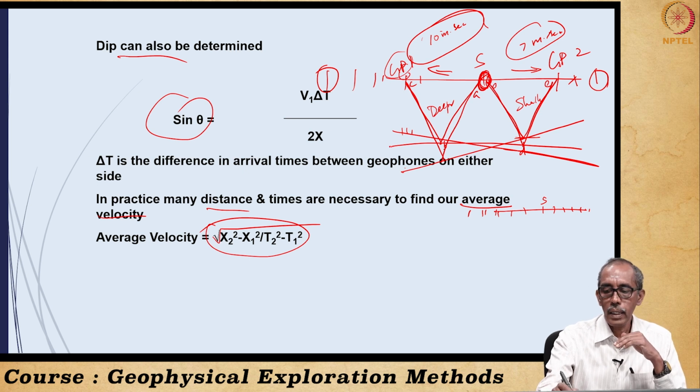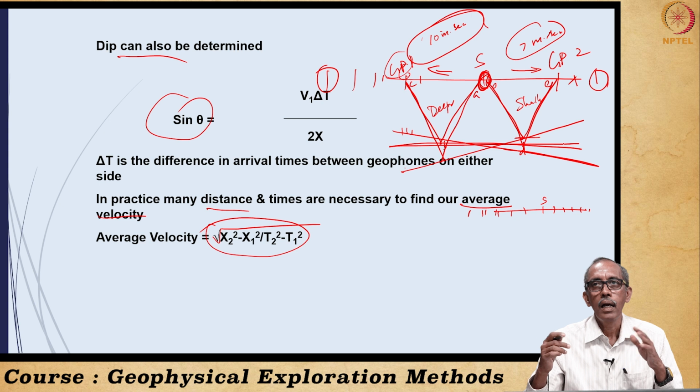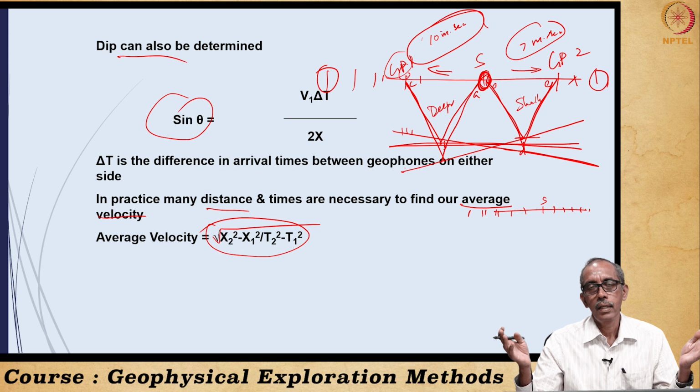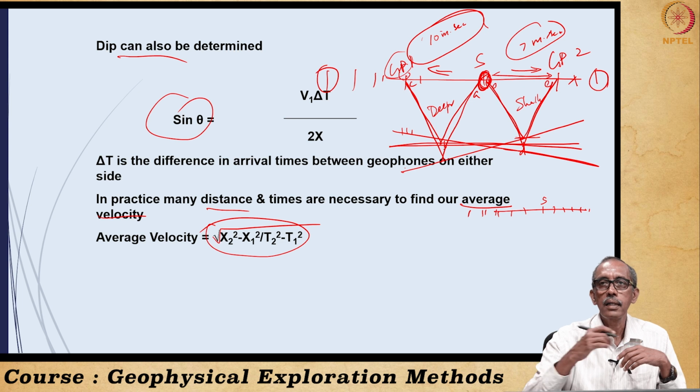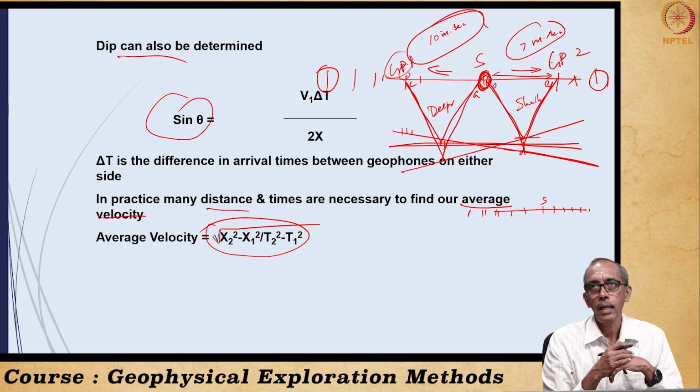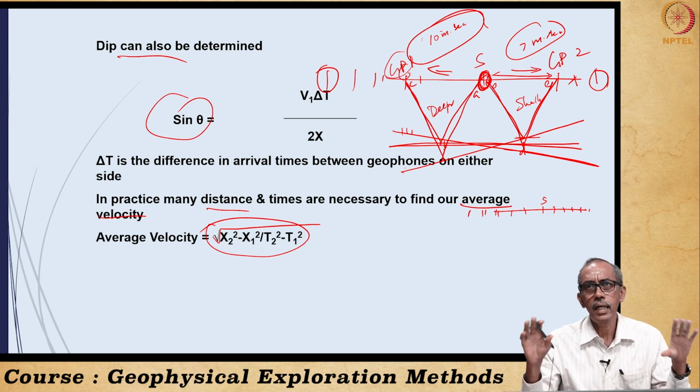If the bedding plane is horizontal, at correspondingly placed geophones on either side, the signals have to reach at the same time. Suppose here the signals reach at 10 milliseconds; on the right hand side also, since the geophones are kept at the same distance on either end, the signals will reach at 10 milliseconds, provided everything else is fine.